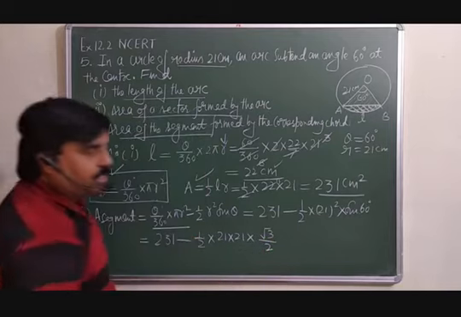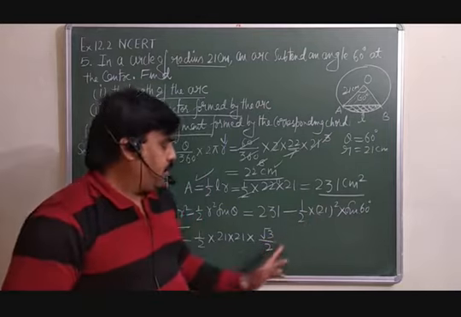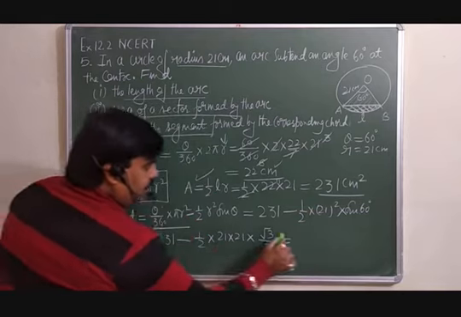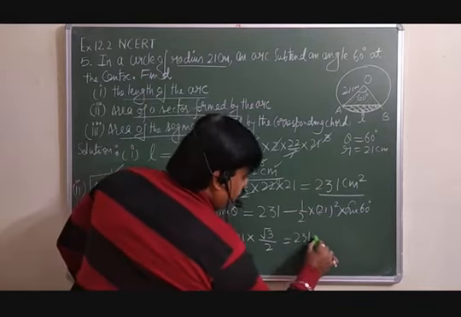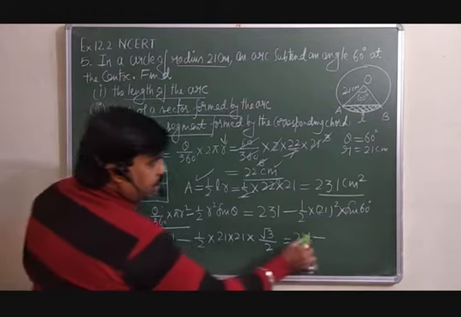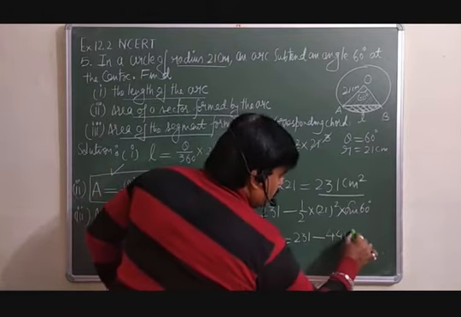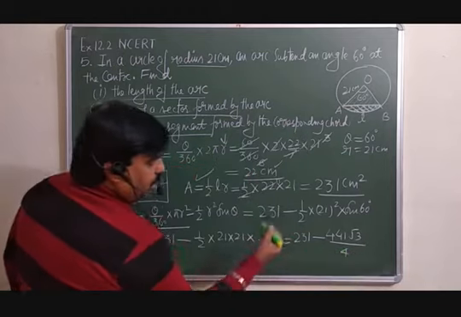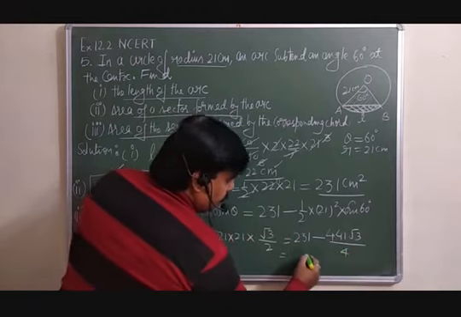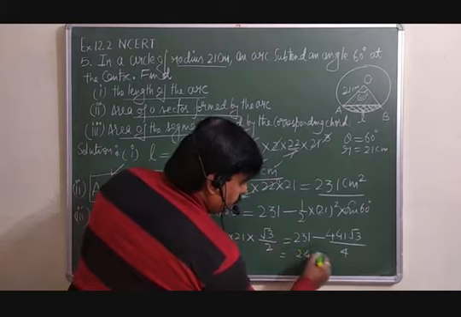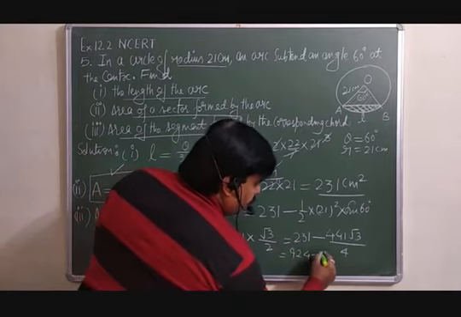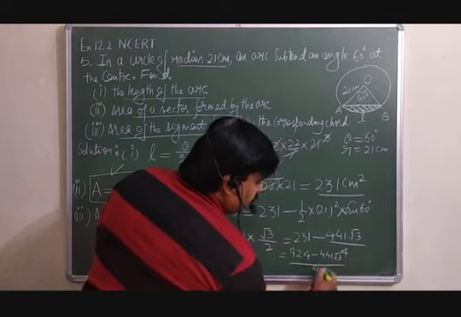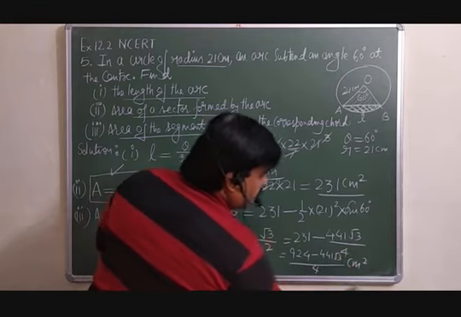The value of sine 60 is root 3 over 2. If you solve this, you will get 231 minus 441 root 3 over 4, or you can write 924 minus 441 root 3 over 4, and this is the area of this segment.